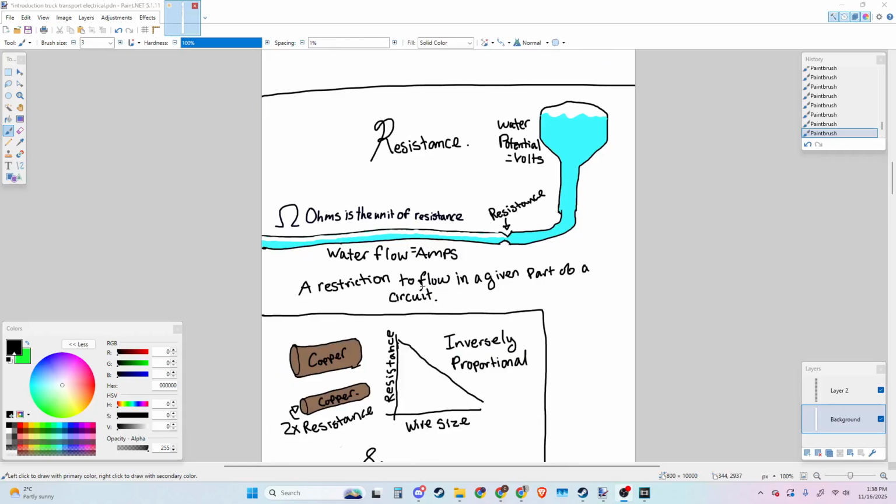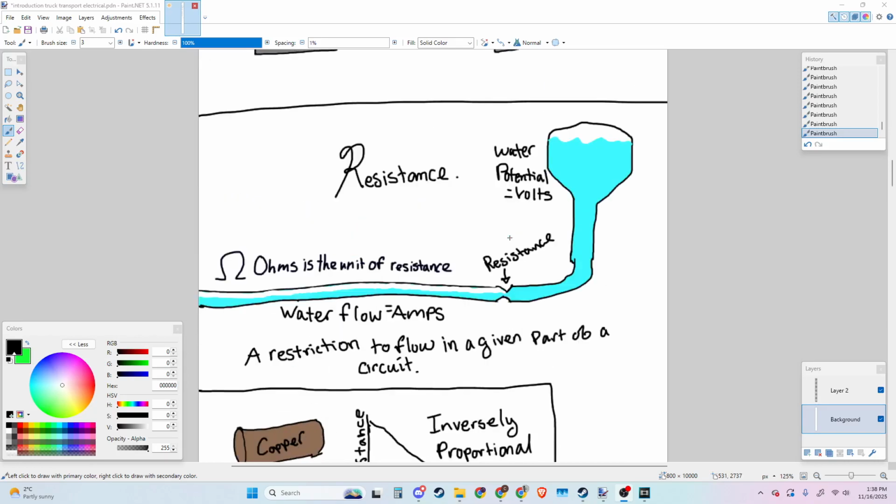Resistance. We have multiple things that affect resistance. It's basically just as it sounds. Resistance is a restriction to flow. Now back to this water tower example. We have this little blockage in here. We have the same amount of potential volts, right?